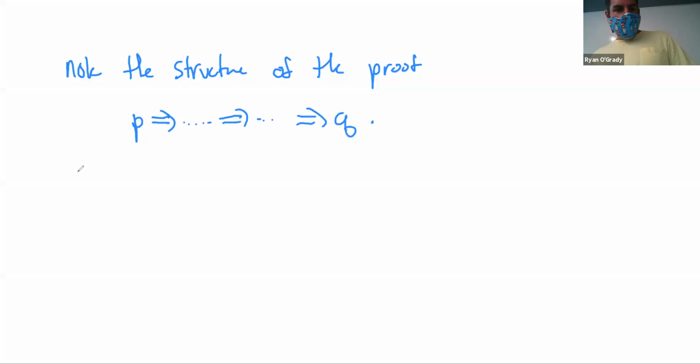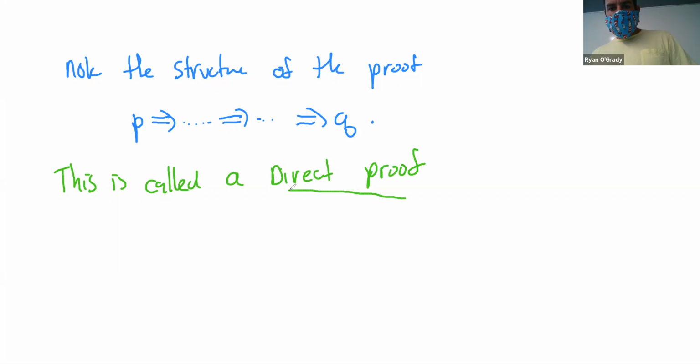So there's a name for this. This is called a direct proof. So we start with our hypothesis and we logically work our way to showing the conclusion is true.